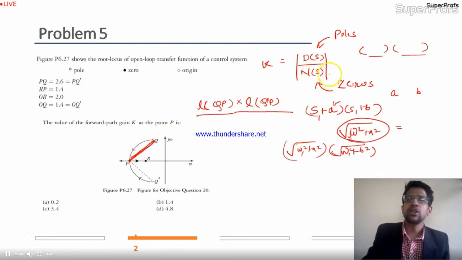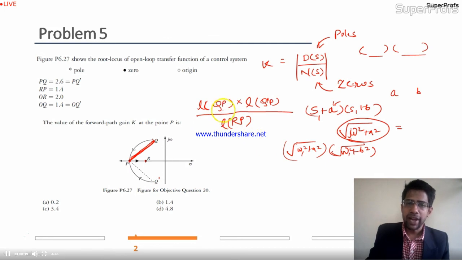gives you the multiplication of magnitudes from the poles towards the given point P. And in the numerator function, you have zeros. What is the zero given? R is a zero in this case. So the magnitude of the vector from P to R, the length of the segment RP, will give us the magnitude of the numerator function. There is no other zero, so we will just have length RP.